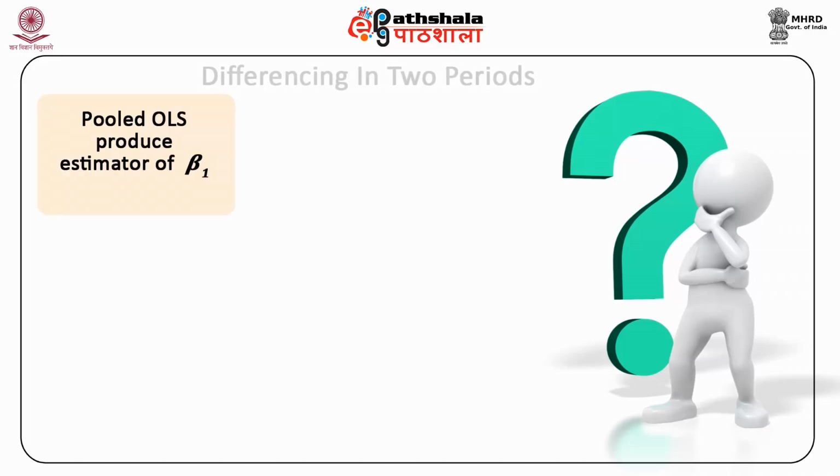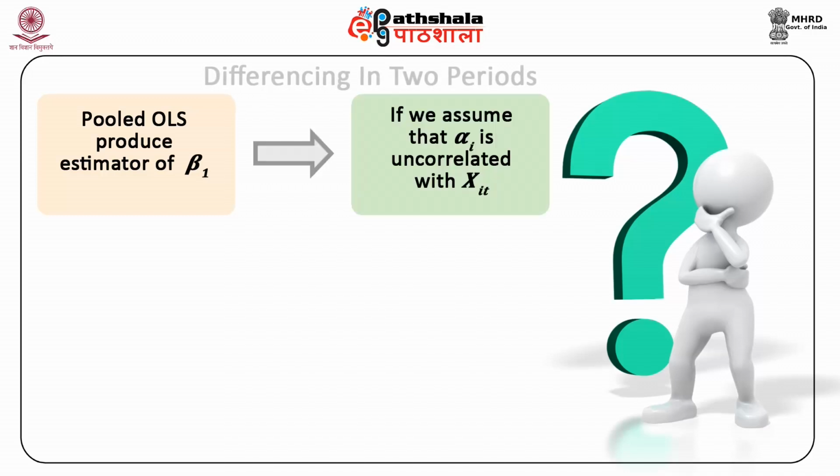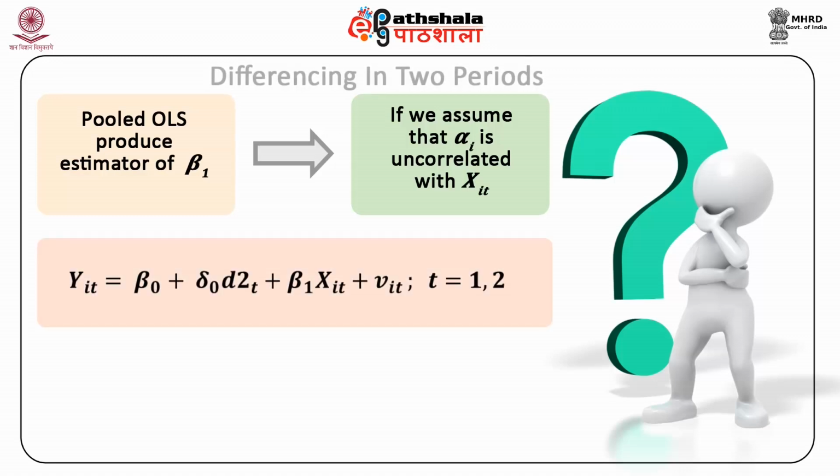Pooled OLS will produce an estimator of beta 1 if we assume that alpha_i is uncorrelated with x_it. Model 1 can in that case be rewritten as y_it is equal to beta 0 plus delta 0 D2_t plus beta 1 x_it plus v_it, where t is equal to 1 and 2.